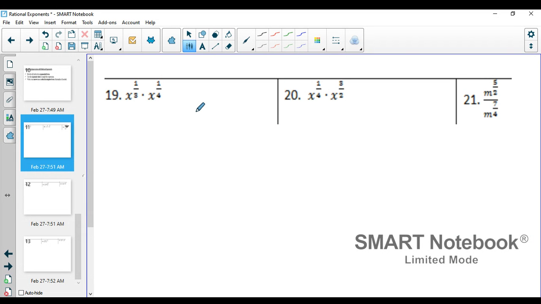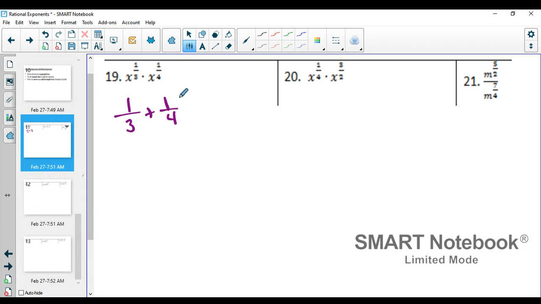When we're multiplying two bases and they have different exponents, you add the exponents. So we're adding 1/3 plus 1/4. And this is where the fact that we're adding fractions is going to freak everybody out. So we need a common denominator with 3 and 4, which is 12.